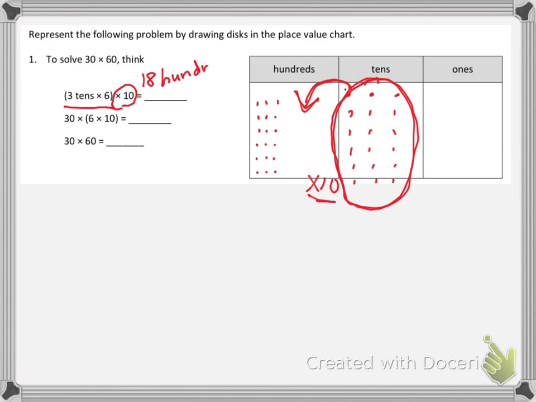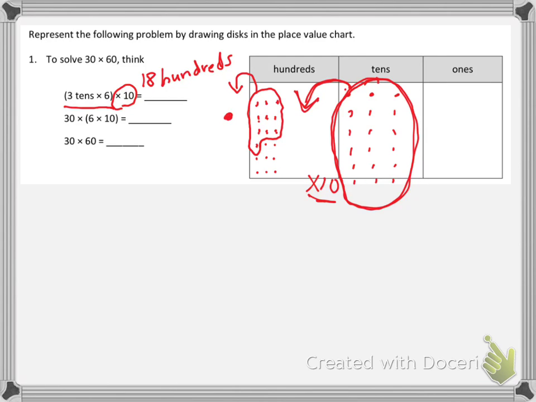But we don't really talk like that and say 18 hundreds. So remember, when we have groups of 10, 1, 2, 3, 4, 5, 6, 7, 8, 9, 10, we can actually cash these in and move them over to the thousands place.